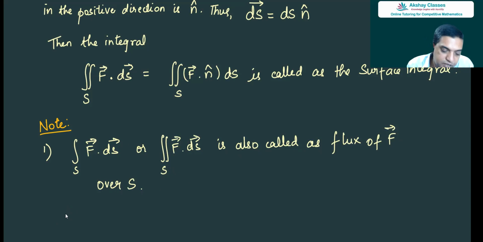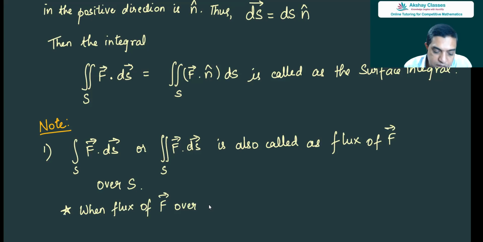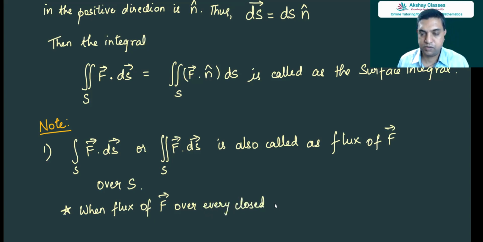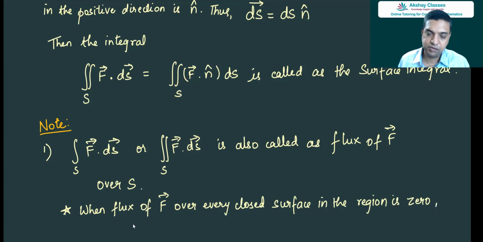Now, very important: if the flux of F over every closed surface in the region is 0, then F bar is a solenoidal vector function.